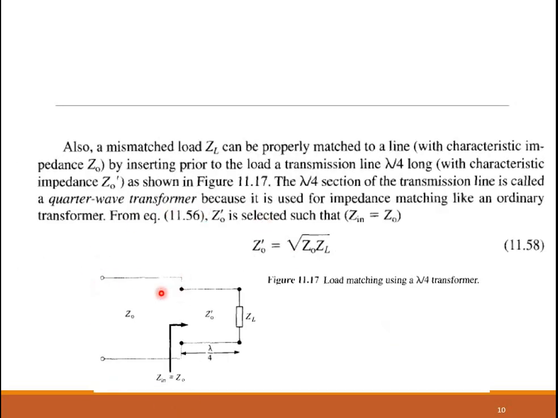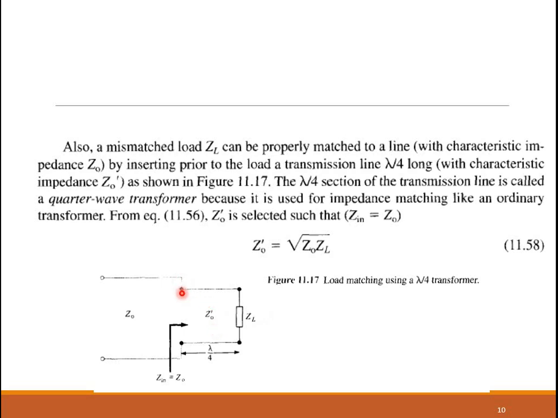This is the transmission line. Z0 is the characteristic impedance of this transmission line and ZL is the load impedance. In order to ensure that Z0 is equal to ZL, we're going to introduce a new section of transmission line which has a length lambda by 4. This is going to be inserted just before the load.